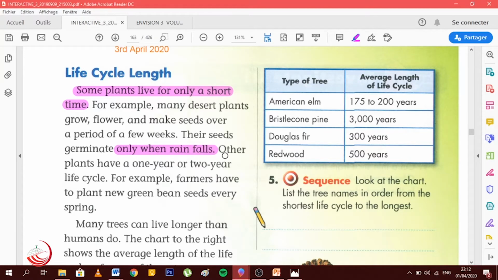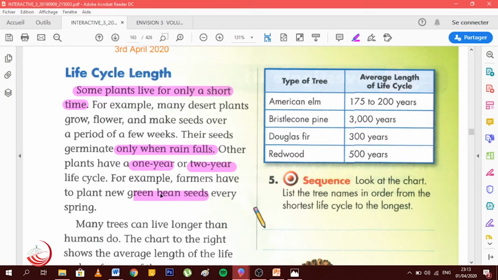Very well. Other plants have a 1 year or a 2 year life cycle. So other plants can live for 1 year or 2 years. Their life cycle can take 1 year, 2 years. For example, farmers have to plant new green bean seeds every spring.